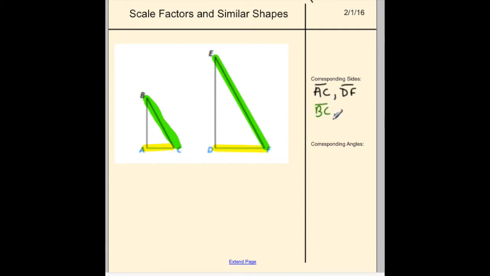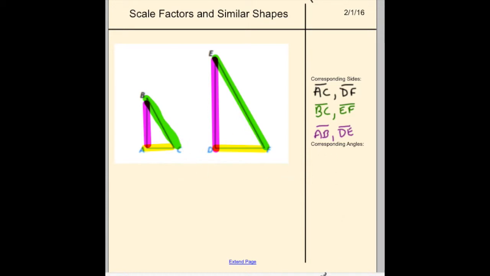BC corresponds to EF. And then that leaves this second longest or second shortest side, however you want to consider it. And that is AB, and it corresponds to DE. And so those are the next two corresponding sides. So what was that? AB corresponds to DE. So it's just which sides kind of belong together.